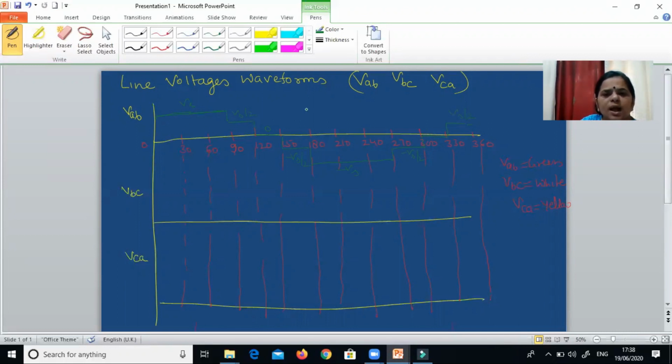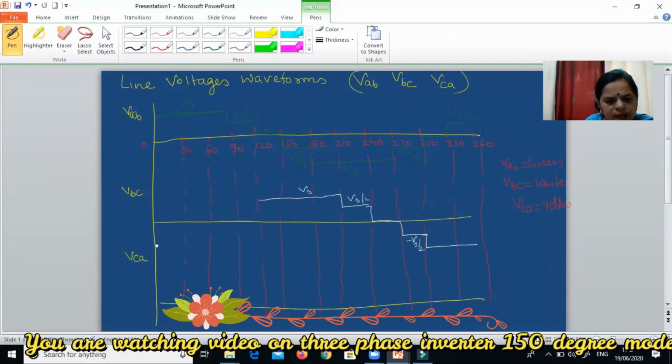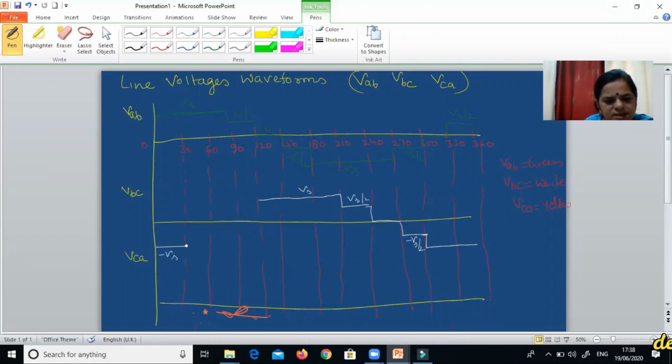Now if I plot the line voltage VBC, for three durations I am going to get Vs, then Vs by 2, then 0, then minus Vs by 2, and then three times minus Vs, then minus Vs by 2, then 0 and then Vs by 2. So this is how we are going to get VBC.